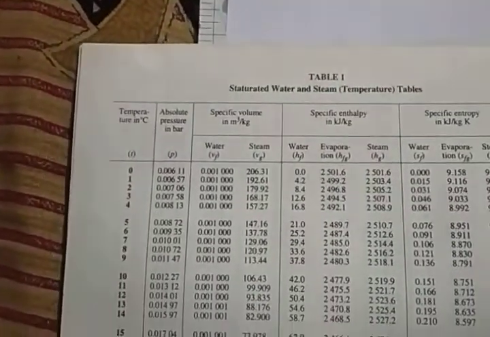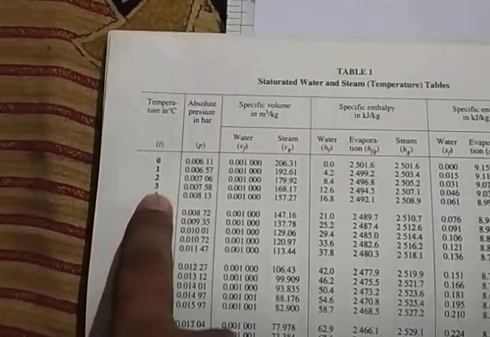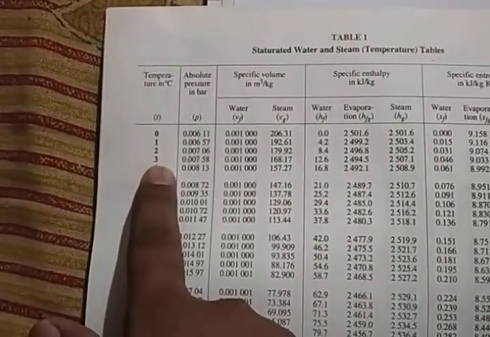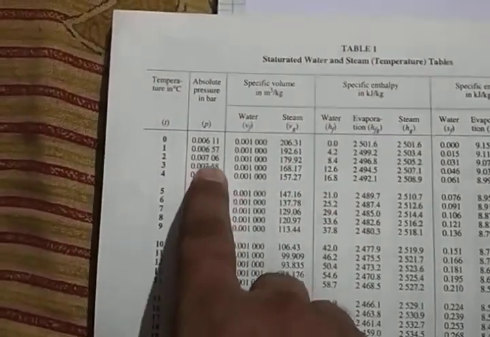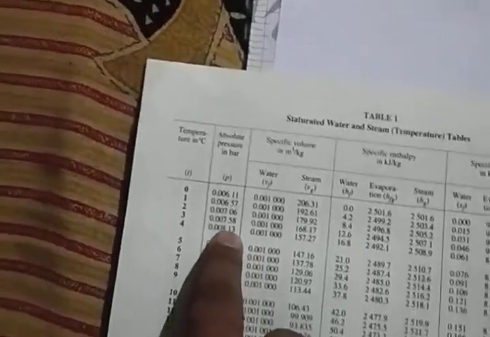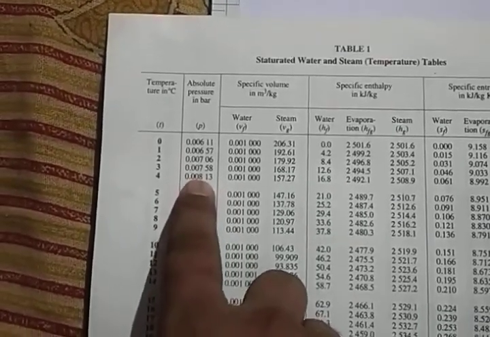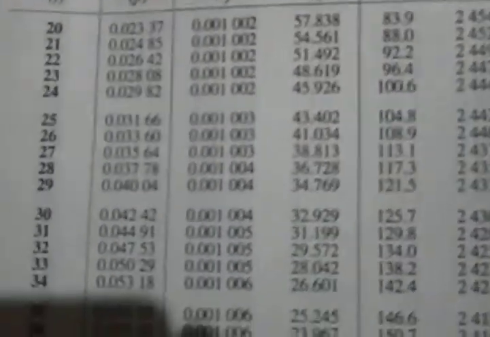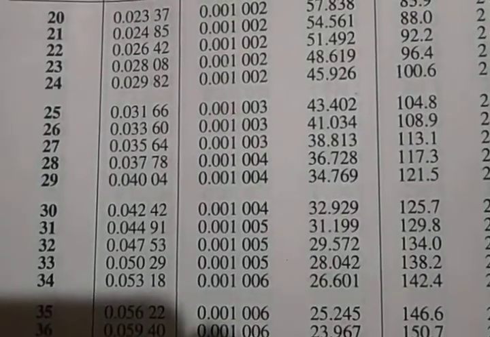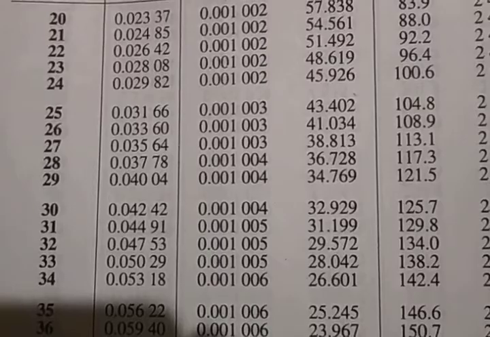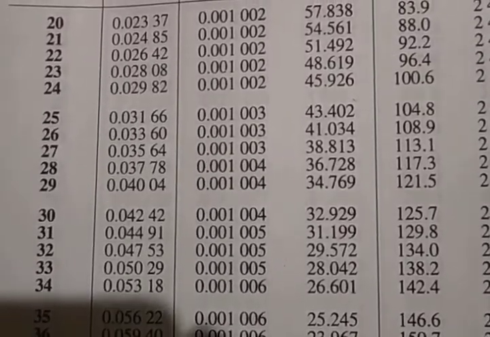consists of temperature. For a given temperature in degree centigrade, the second one is absolute pressure. So if I take a temperature of, suppose, 25 degrees centigrade, the saturation pressure is 0.03166 bar.